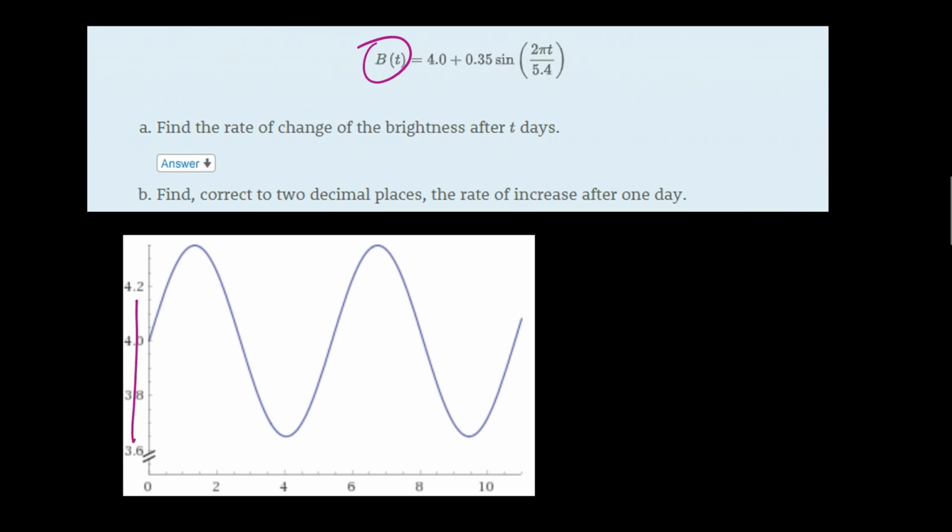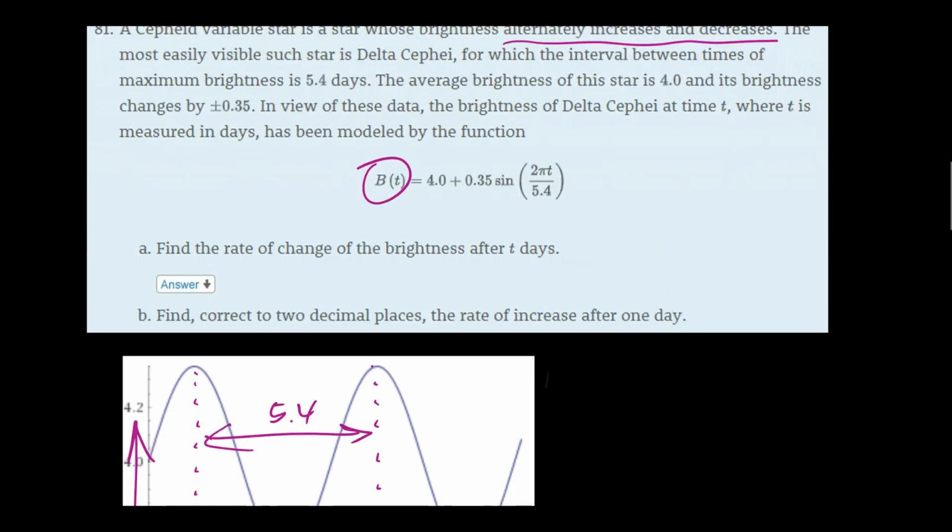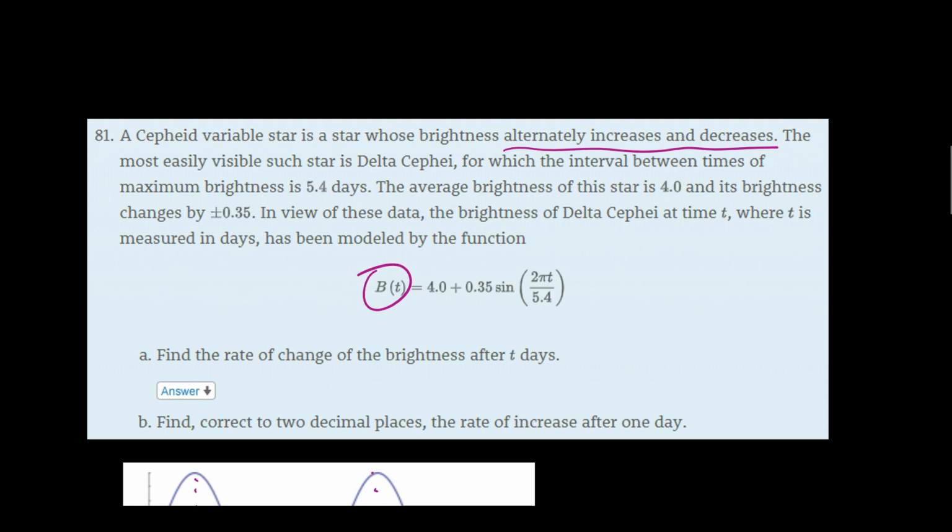So brightness is going up the y-axis and T, number of days, is going along the x-axis. All right, and so from one maximum brightness to the next maximum brightness is about 5.4 days. I think that's what it says right here. The interval between times of maximum brightness is 5.4 days. So it goes up and down, up and down, up and down.